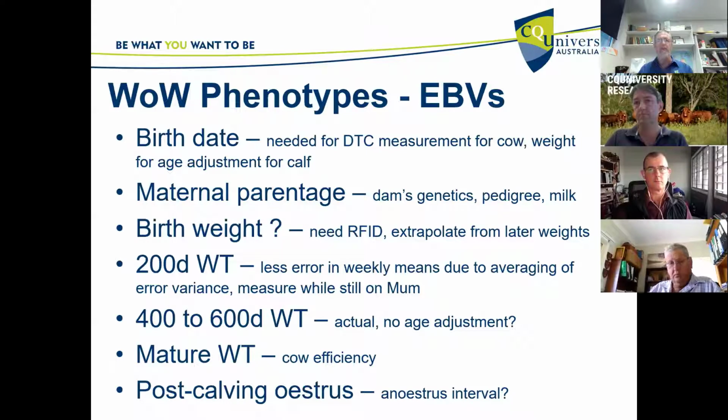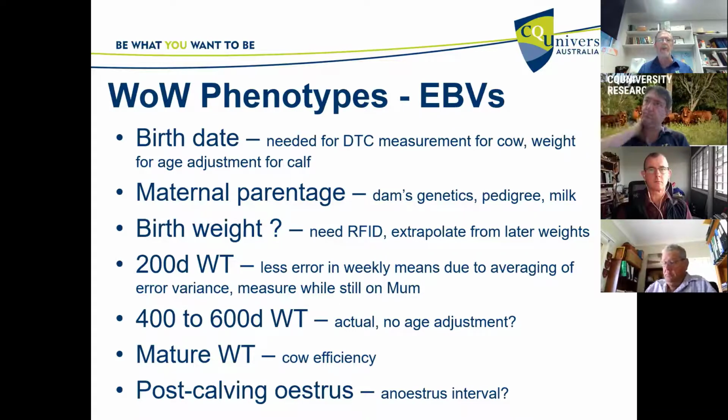I've put a question mark there on birth weight. Obviously that's a difficult one because in commercial situations the calves aren't going to be tagged until branding, so we're not going to be able to record or assign weights to a non-existing RFID.